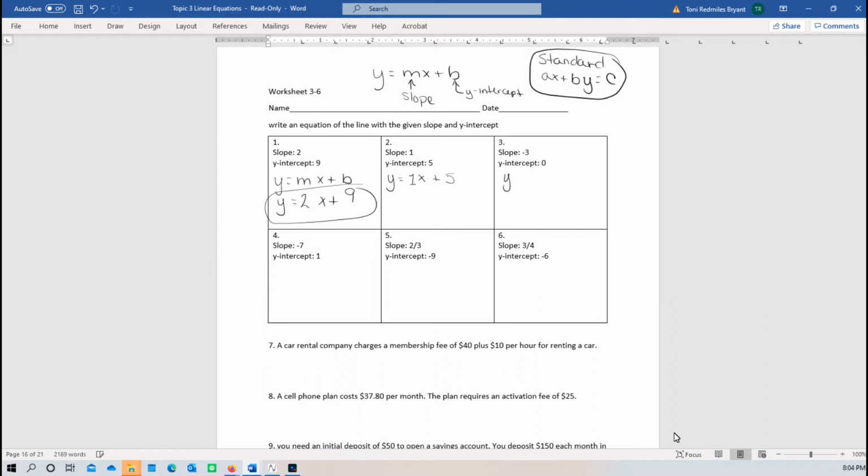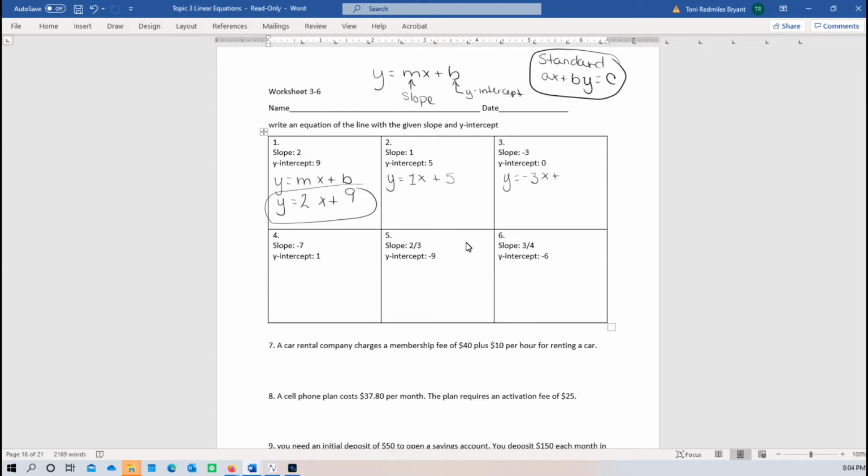Now this one's a little more interesting. My slope in this one is going to be a -3, and that is going to give us a negative x term. So that's going to be a -3 right here, okay? So make sure you put that negative in.